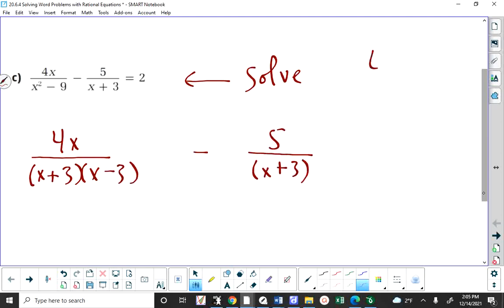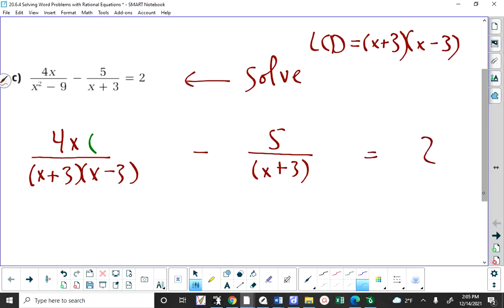You identify the lowest common denominator again. But your goal here when you're solving the equation is not to make everything over the same denominator. Your goal is to get rid of, and I guess I need my equals 2 here, otherwise it doesn't make sense, your goal is to get rid of the denominators.